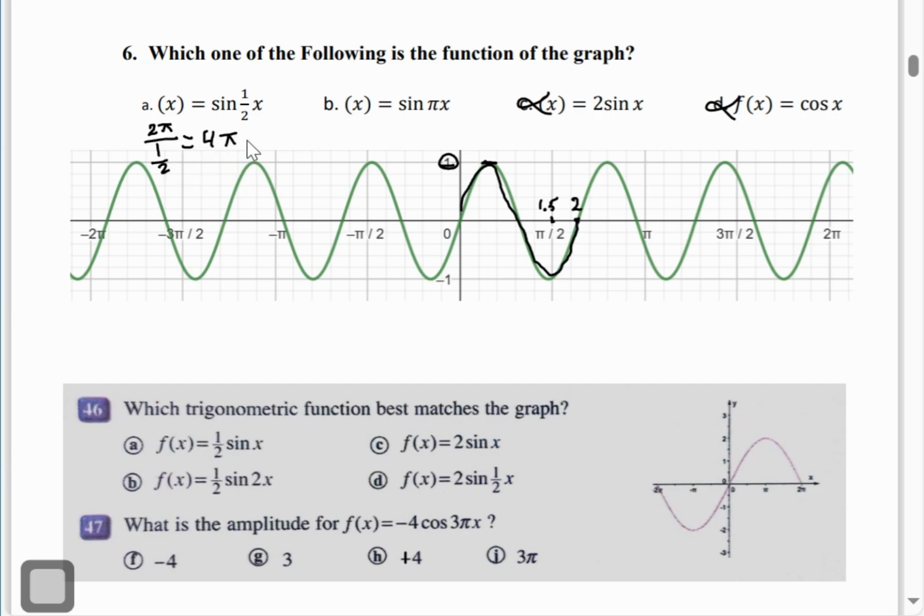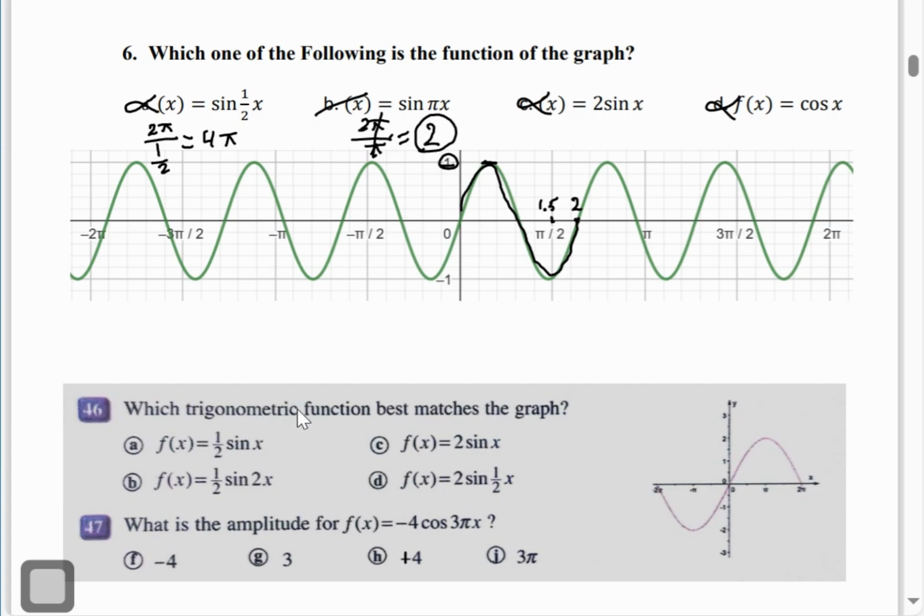So that one is not true, because the period of this function is 2. Here we have 4 pi. So it must be branch B. Let's find out how. We have 2 pi over b. b is pi. So pi with pi will cancel. 2 is remaining. So that one is the true answer. Branch B is the true answer.